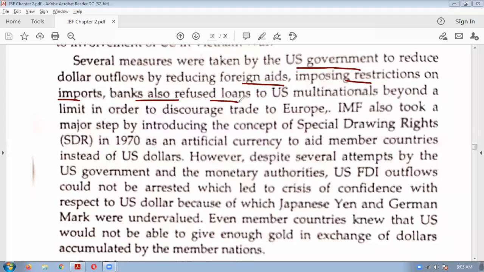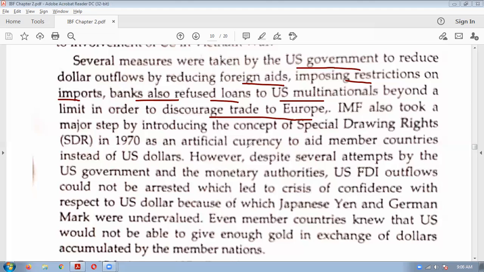We know that if imports are more, there will be an outflow of foreign currency, which will lead to a deficit in the balance of payment. Banks also refused to give loans to US multinationals, so that they would limit their trade with the European countries and there would be less outflow of dollars.